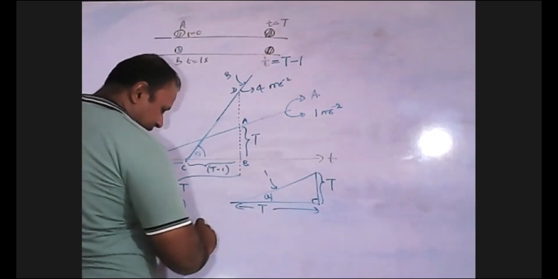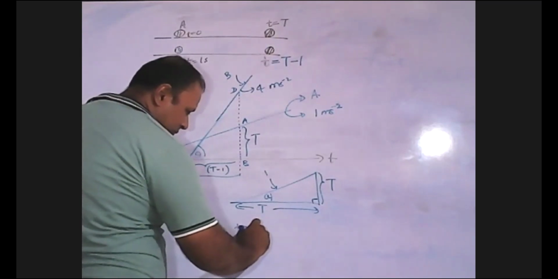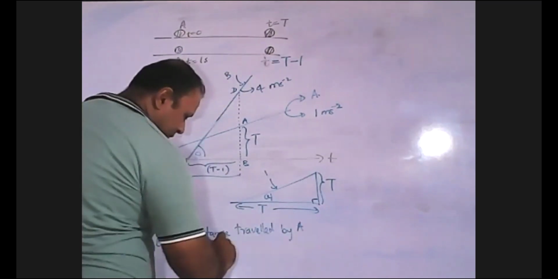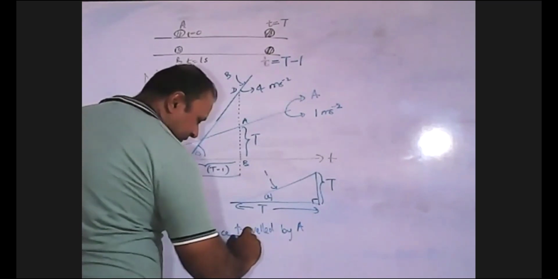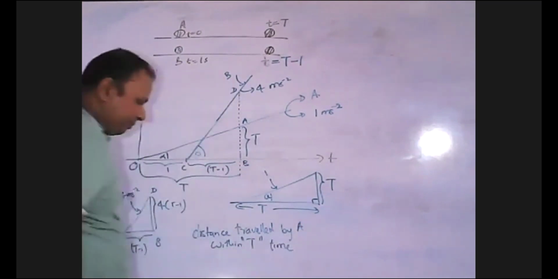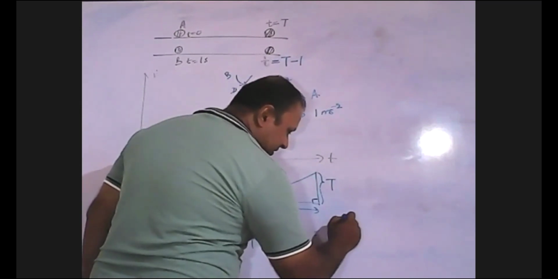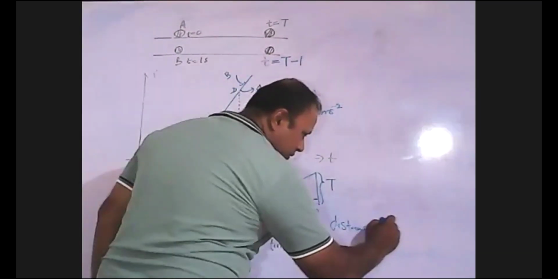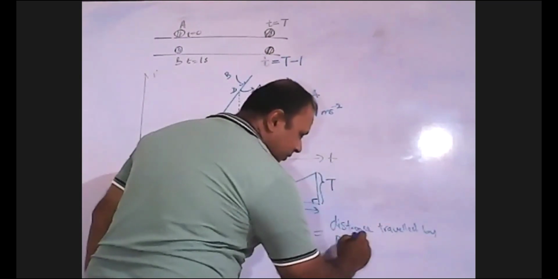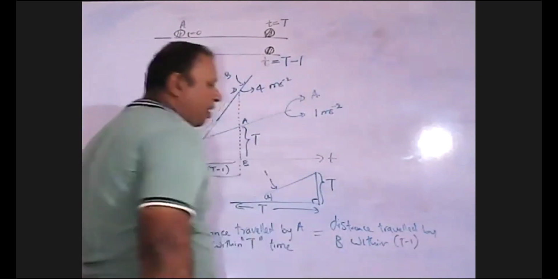The distance traveled by A within capital T time should be equal to the distance traveled by B within T minus 1 time.